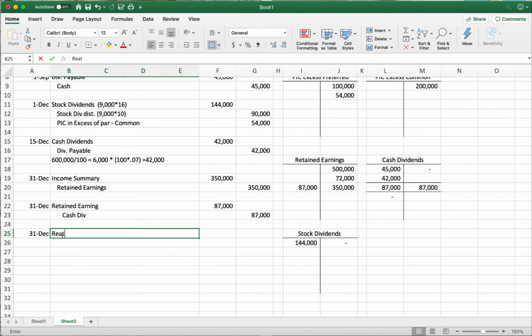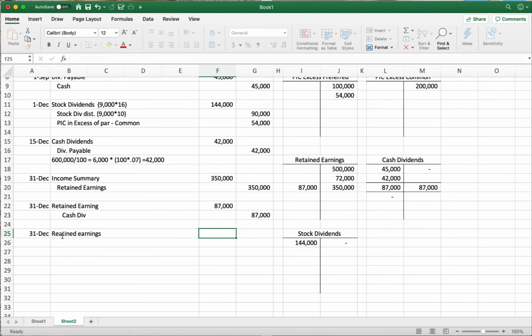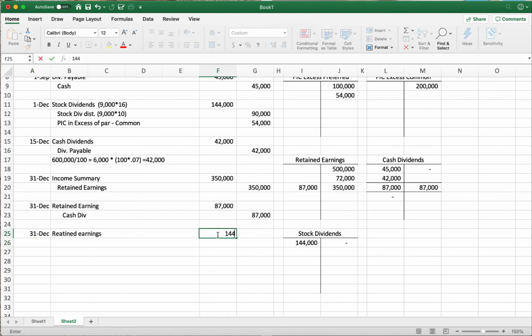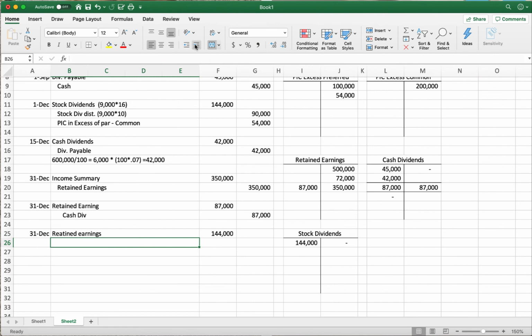So I need to debit retained earnings for the $144,000. And I need to credit my stock dividend account for the same amount, $144,000. I'm going to post this.